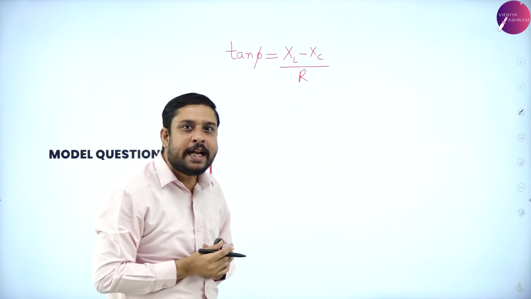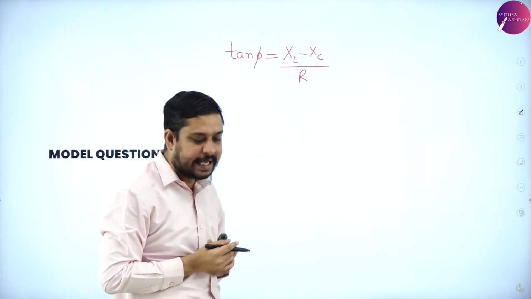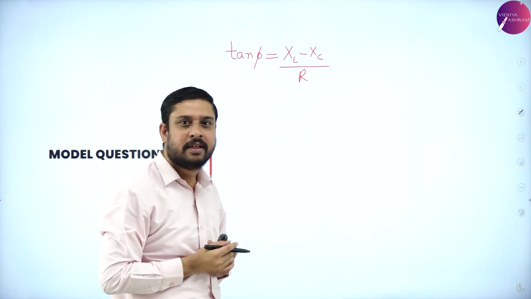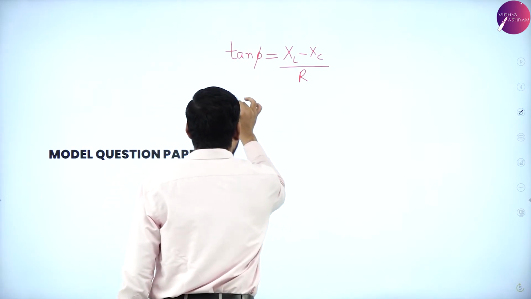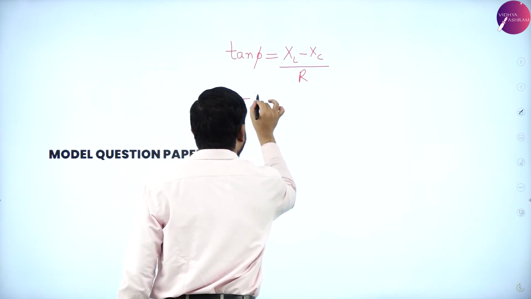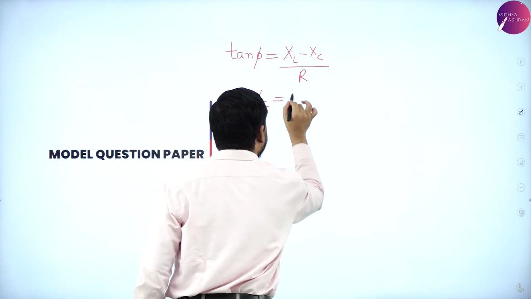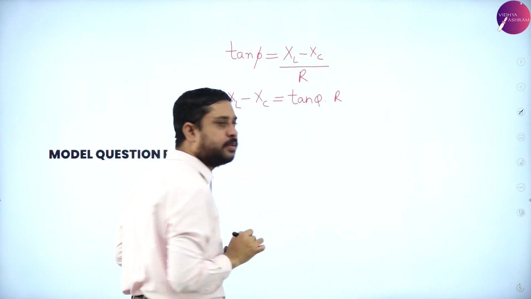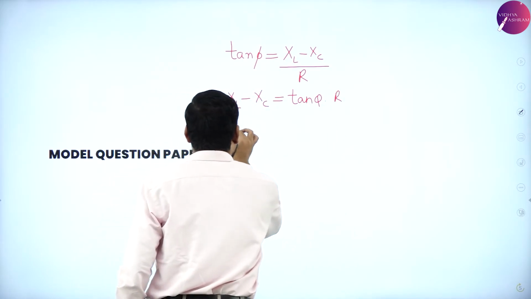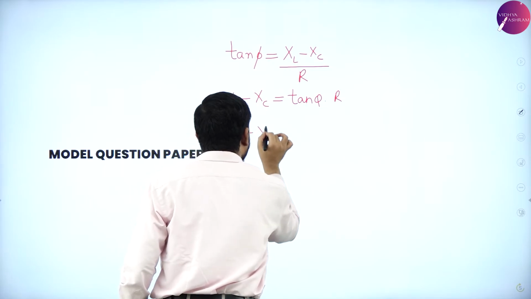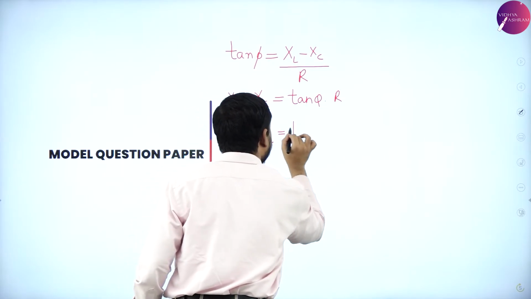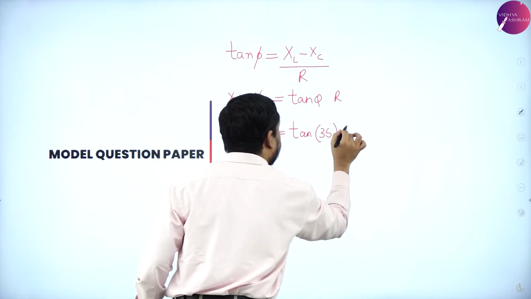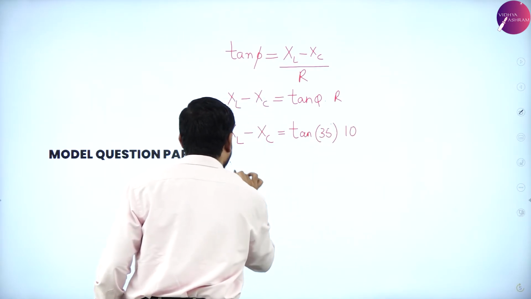Now, if I calculate XL minus XC, I get two simultaneous equations. So, XL minus XC is tan phi into R, or XL minus XC is tan 35 degrees into 10.